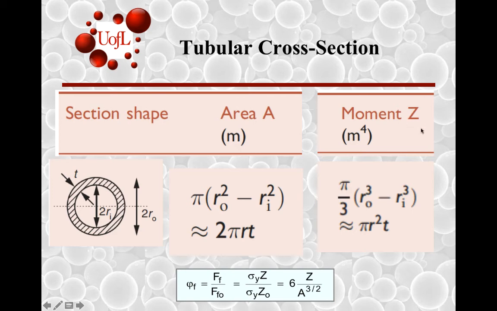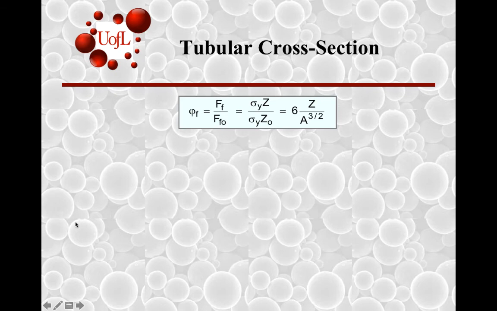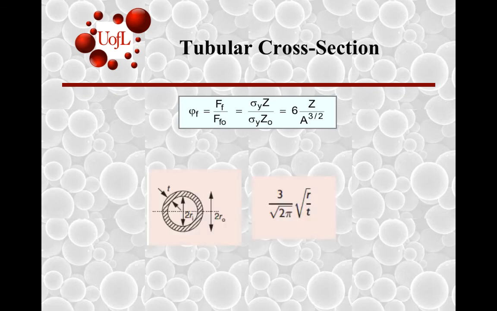Again, substitute Z into the numerator, area into the denominator, and you can get the shape efficiency factor for the tubular cross section. If you give it a try, then basically you will have a term of 3 divided by square root of 2 pi times square root of r divided by t.